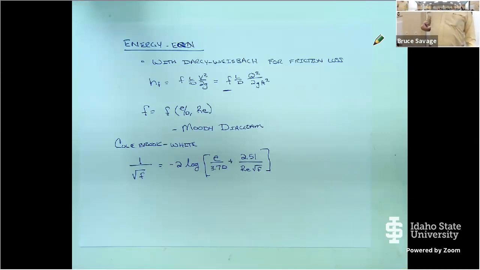Back in the 1940s, there's a guy named Hunter Rouse. If you get into my field, fluid mechanics and hydraulics, he's very famous for what he did. The guy was brilliant, and apparently he had the ego to go along with it. He was presenting at some conference, and he had a graph that would show the Colebrook-White data, and he was explaining how the graph worked.